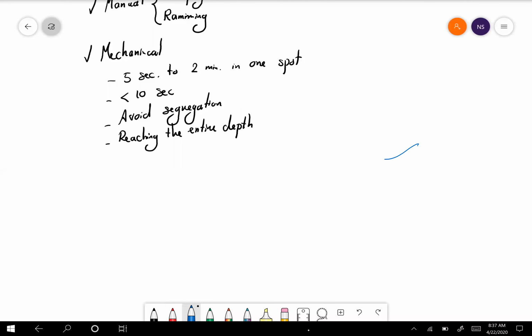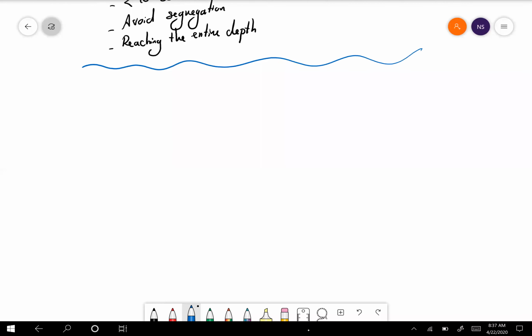So that's pretty much what we need to know about placing of the concrete. And then the last step is finishing the surface. So finishing concrete.